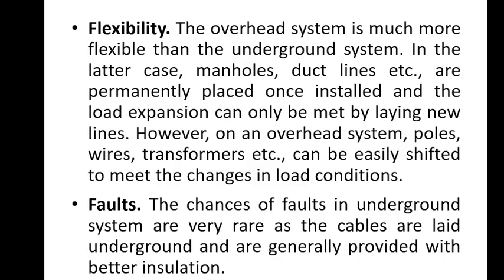All right. This slide discusses two additional factors in comparing overhead and underground distribution systems: flexibility and fault occurrence. Overhead systems offer much greater flexibility because their components such as poles, conductors, and transformers can be relatively easily relocated or modified to accommodate changes in load demand or network expansion.